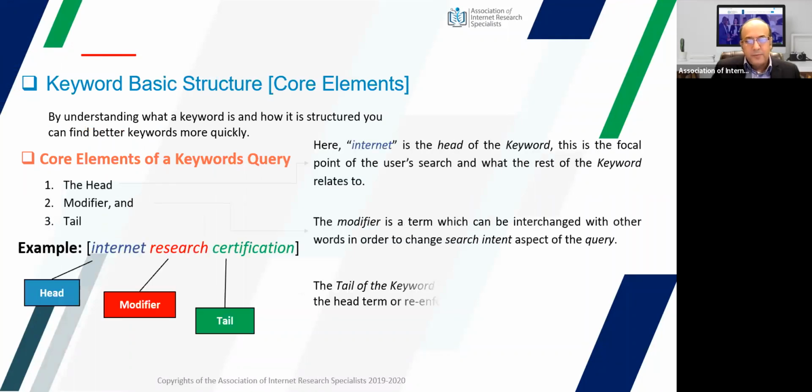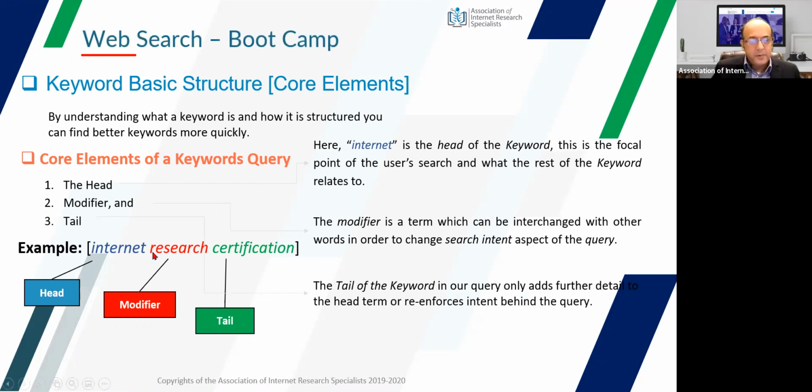Now, if we want to hash out or make our search term more granular for precision search, we will consider identifying certain types of words that can be distinguished into three components or three elements. We would like to call them the head, the modifier, and the tail. So in our regular practice, I don't have the time to do a lot of research work.